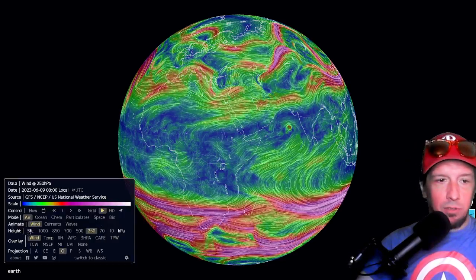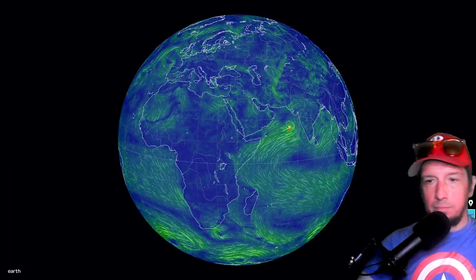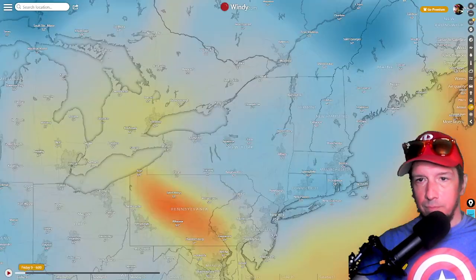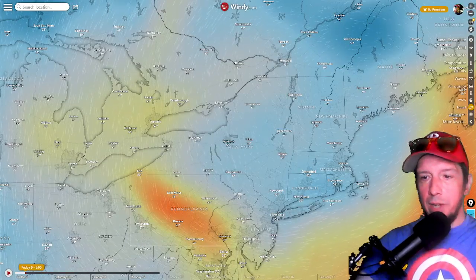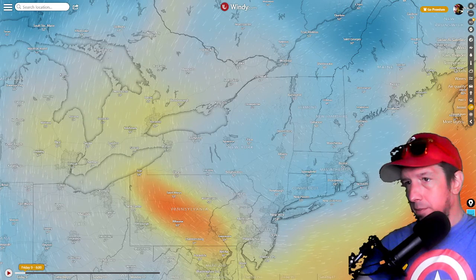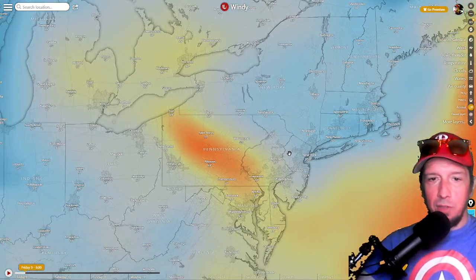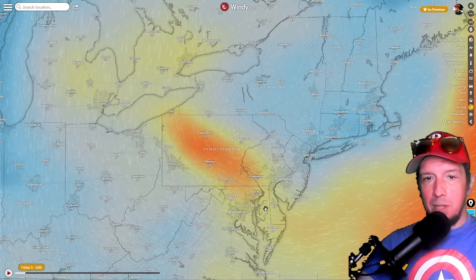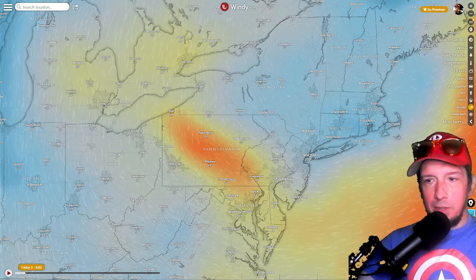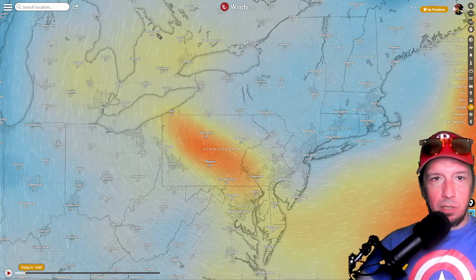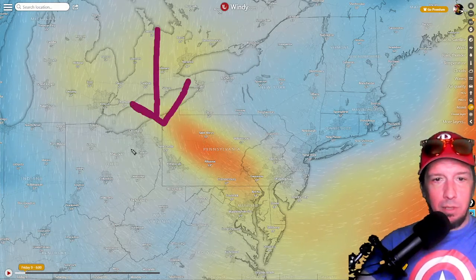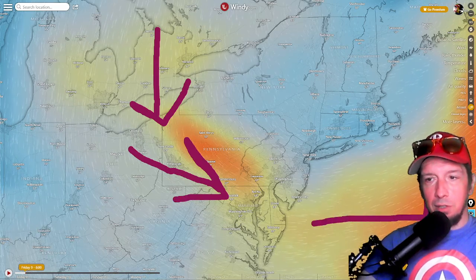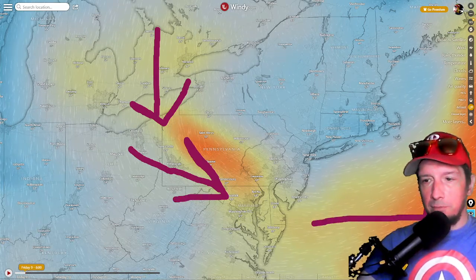And these are the surface winds. So here's our windy.com map, and now we're looking at just aerosol, and you can see all that aerosol pollution moving across Pennsylvania. It's about to be here, and you can see the wind is just going like this, and then making a turn to the southeast, and then making a turn to the northeast.